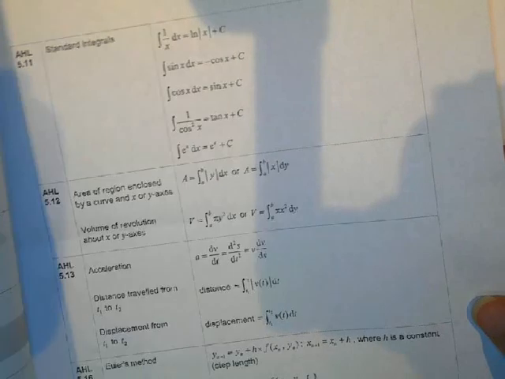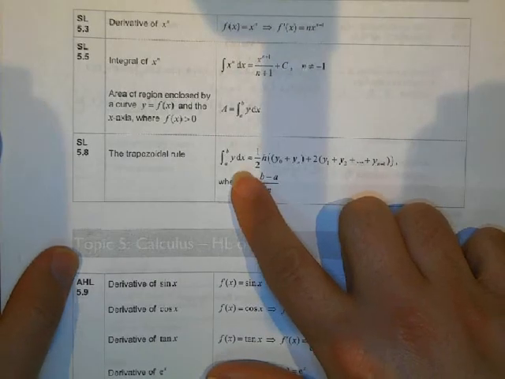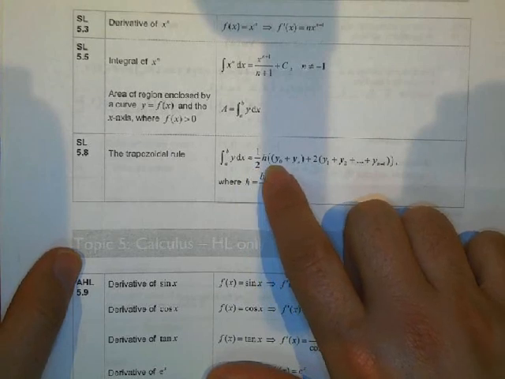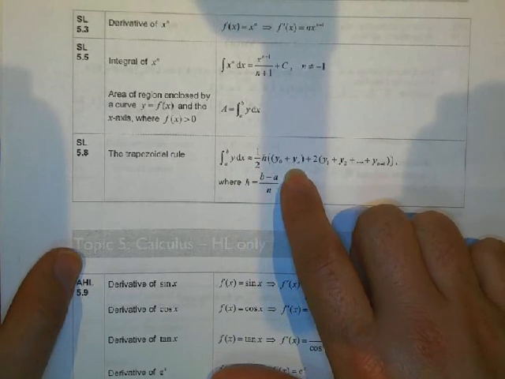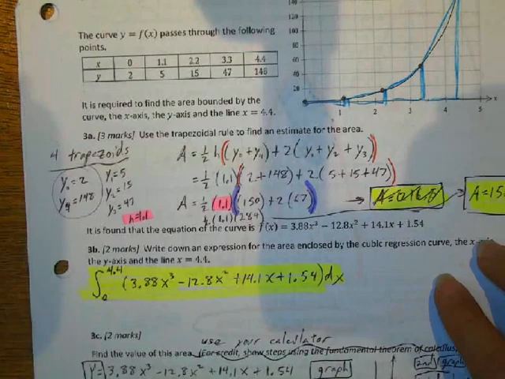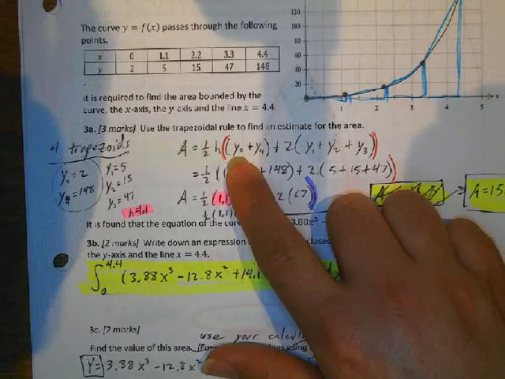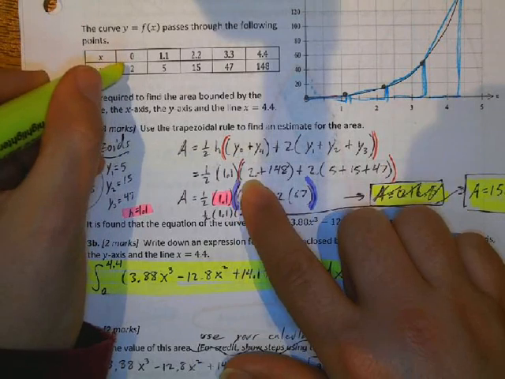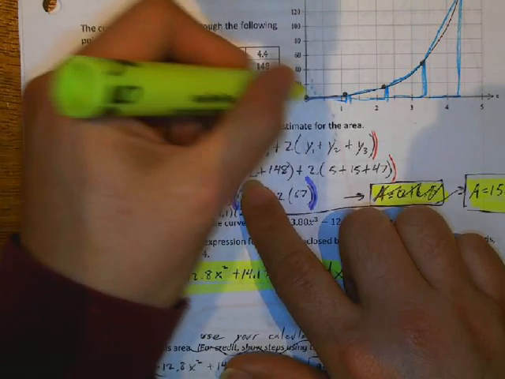So the trapezoid rule says 1/2 h (y0 plus yn). Okay, so my y0 has a height here of 2.